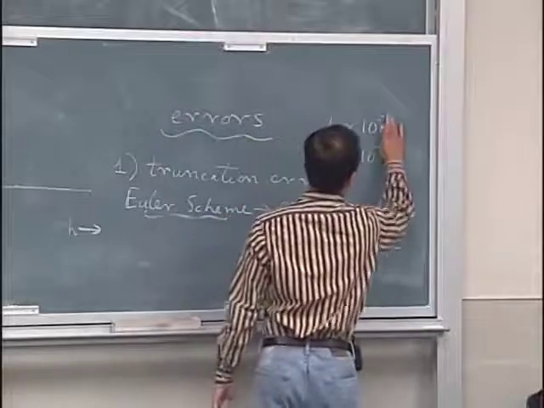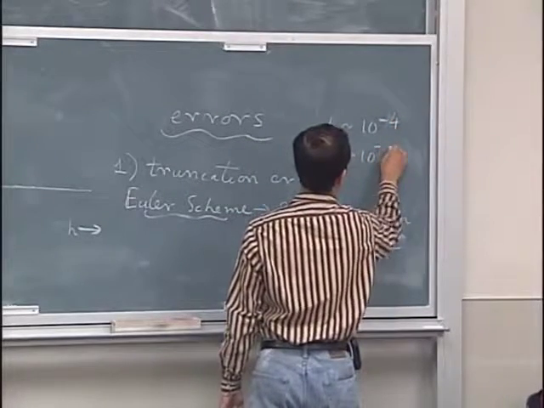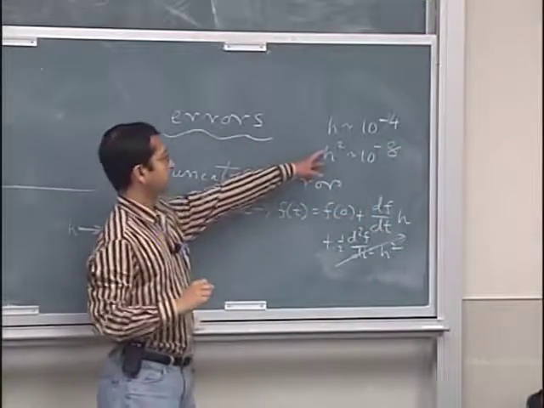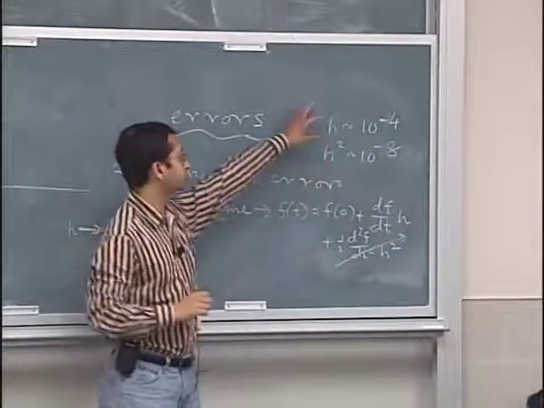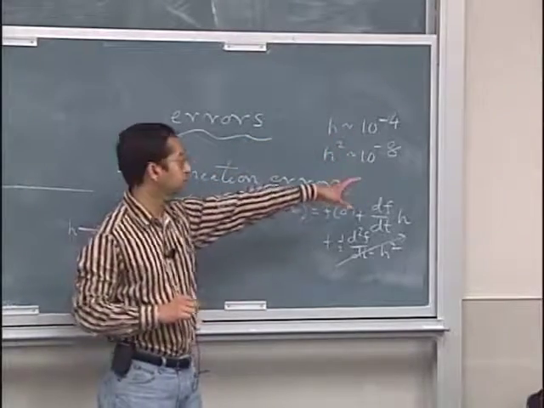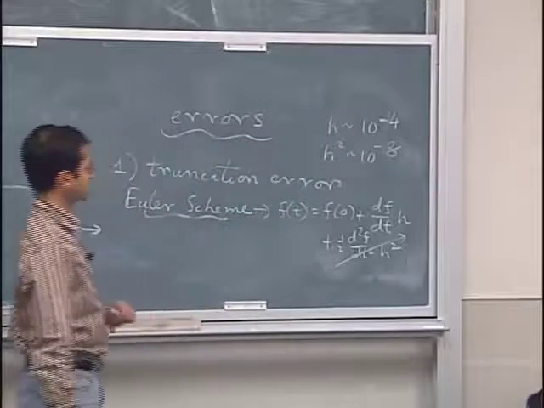Whereas if I choose 10 to the power minus 4, h squared is 10 to the power minus 8. Now you see that h squared is really, really tiny compared to h. Okay? So that's a much better approximation. Euler scheme is a much better approximation if you use a very small time step. Okay?